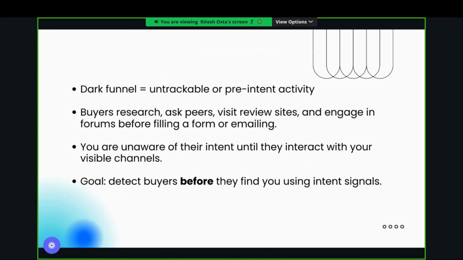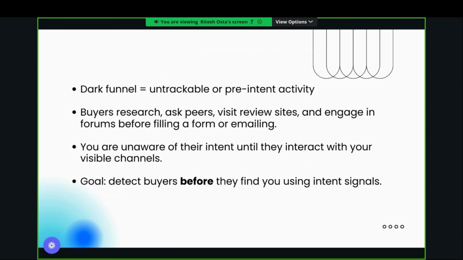And the goal for today's B2B businesses in 2025 is to detect the buyer not just when they fill up the form on the contact us page, but way before that, so that you are able to reach out to them before your competitor does, right? And the process of building this entire journey, this entire pipeline, is called the dark funnel, right?